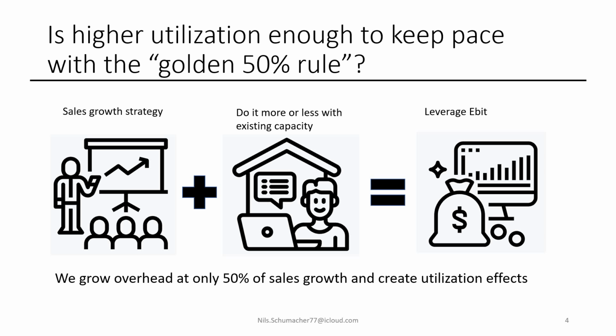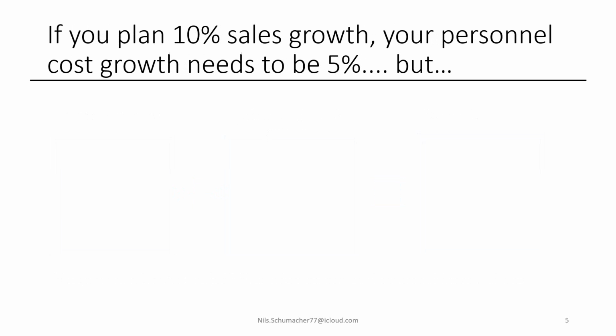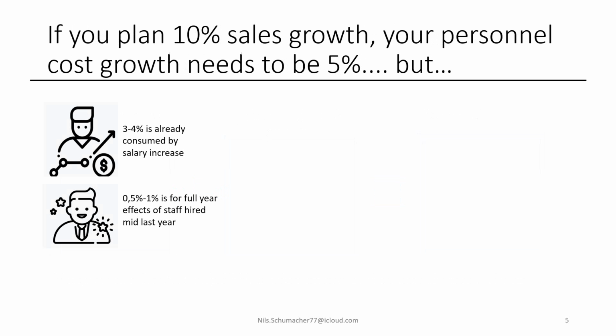Now, how will that actually work in reality? I have a numerical example for you. If you increase your sales by 10%, your personnel cost growth budget is about 5%. Now, we all know that every year we have to pay salary increases. For the industrialized countries in the last couple of years, that was rather bumpy at about 3 to 4%.